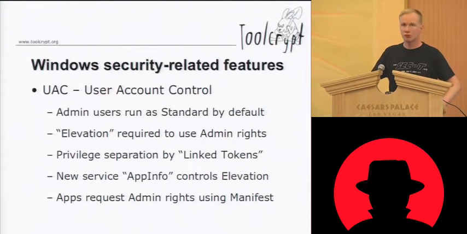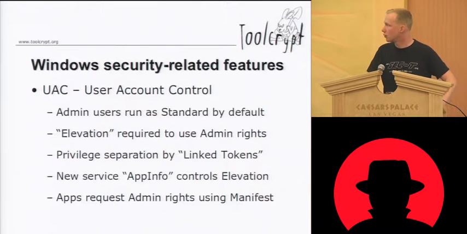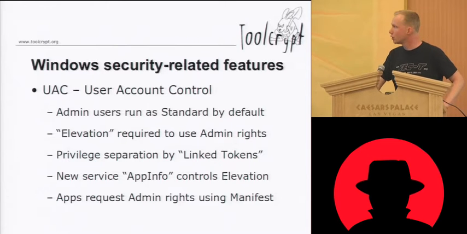It would set a bit in a flag field, and it would set a pointer to another token that is the actual token of the administrator, with the privileges of the administrator that have been restricted. And as you remember, the process can't itself change its primary token.